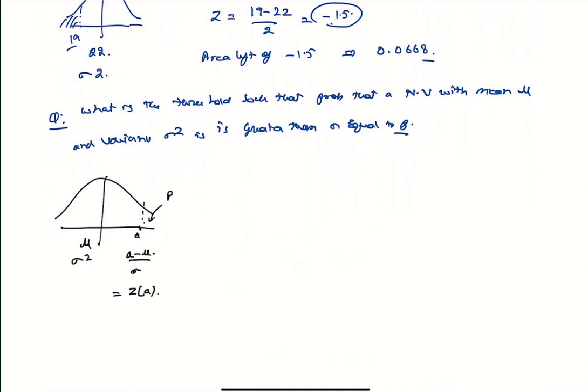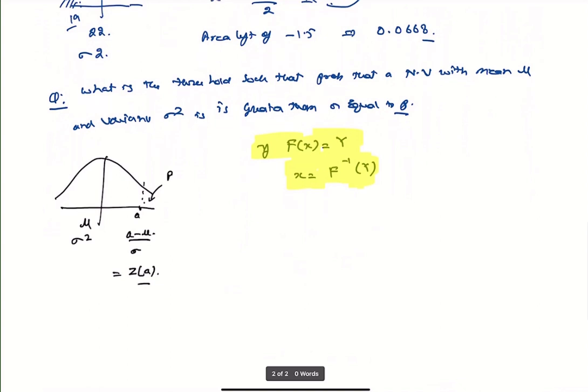Z of a. Now here is something that we need to know. If f of x is equal to y, then x is going to be f inverse of y. This is also a rule in mathematics of functions, that if function of x is y, then x is going to be f inverse of y. So we're going to use this rule now.